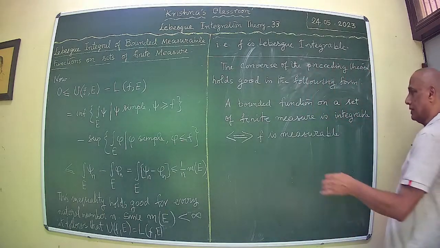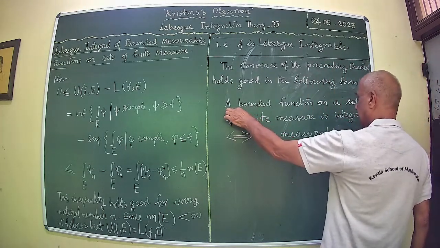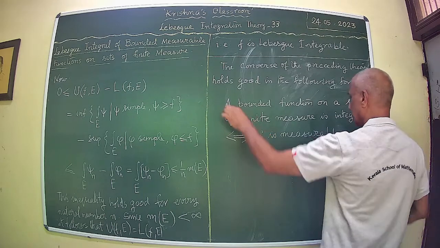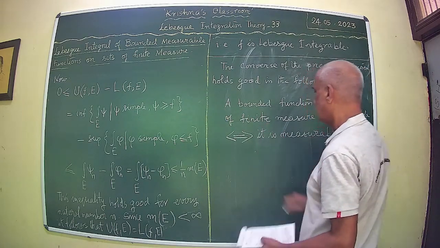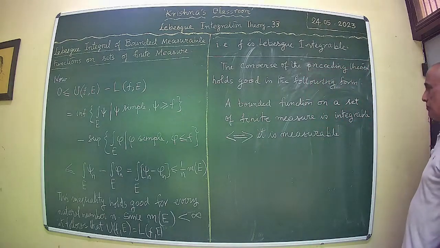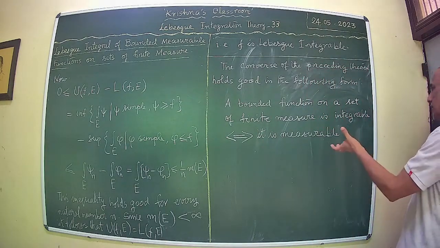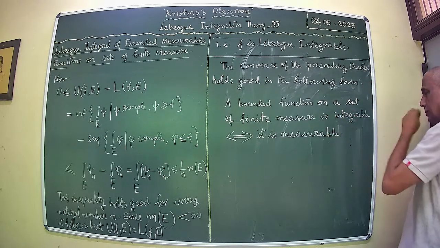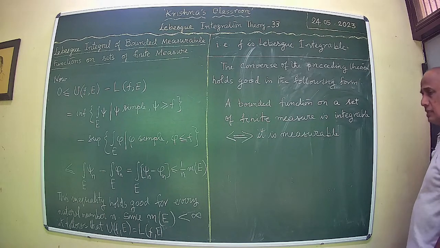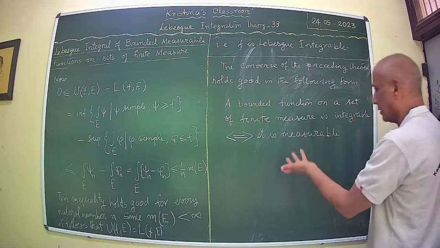So you recall this: if you have a bounded function which is measurable, then it is Lebesgue integrable. Conversely, suppose the function is Lebesgue integrable.